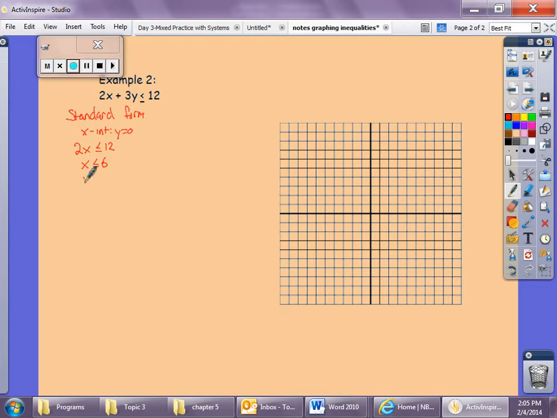So we're going to plot the point 6 comma 0. Our x-intercept, 1, 2, 3, 4, 5, is 6, 0.